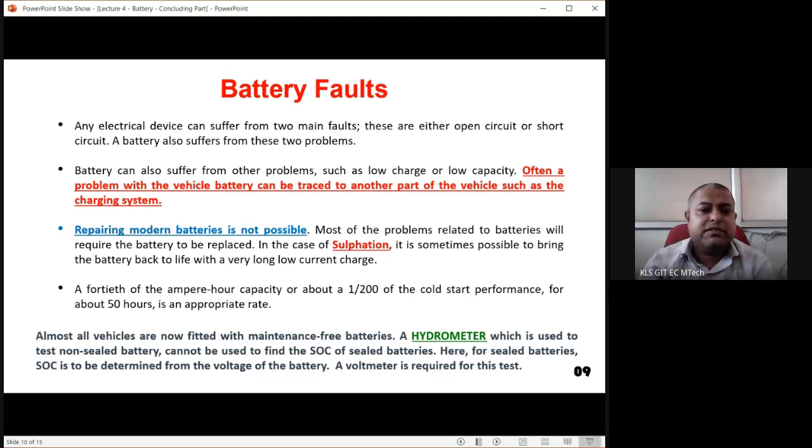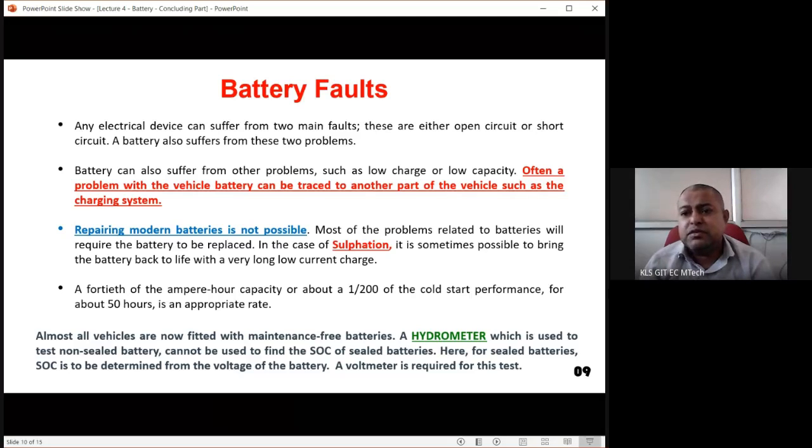Battery can also suffer from other problems. So often a problem with the vehicle battery can be traced to another part of the vehicle, such as the charging system. So car is not charging because car is not starting. Okay, the problem is not with the car. The problem is with the battery. So the battery problem surfaces elsewhere. Light is not getting turned on. Tail light is not getting turned on.